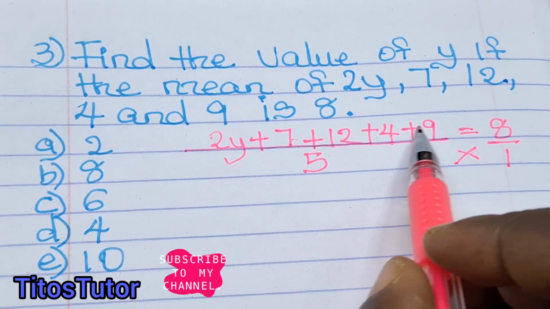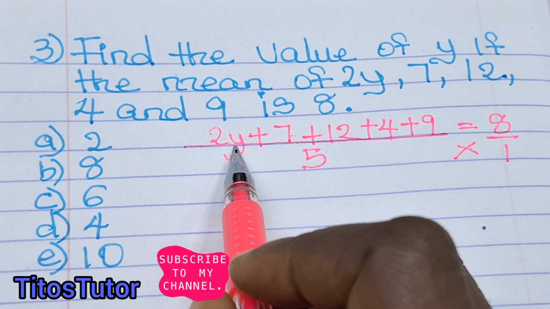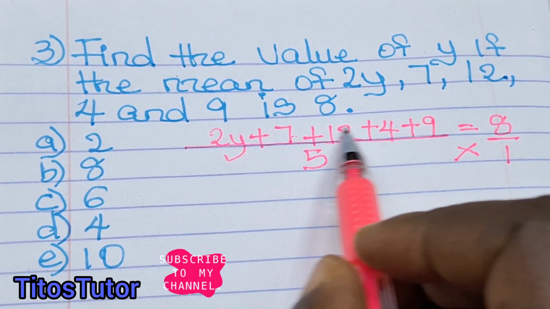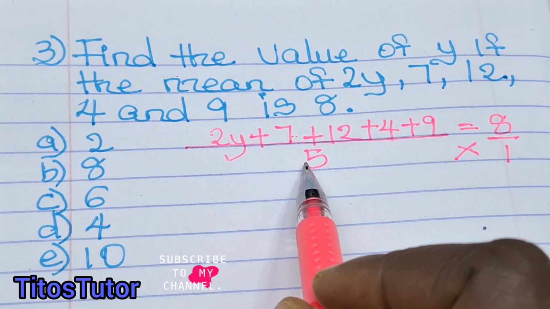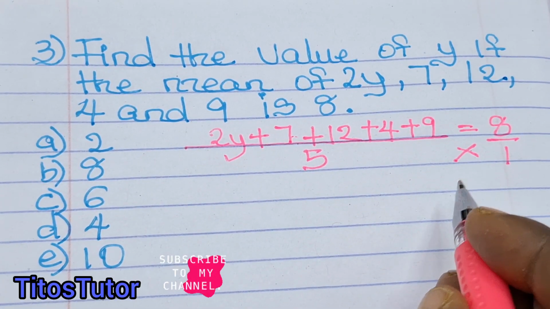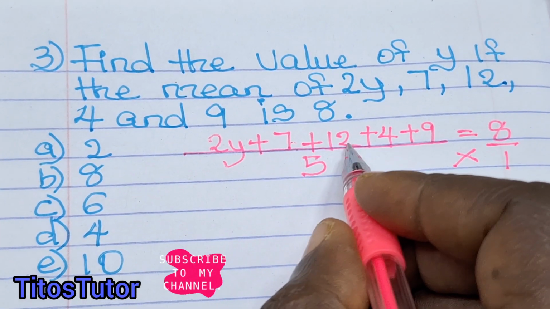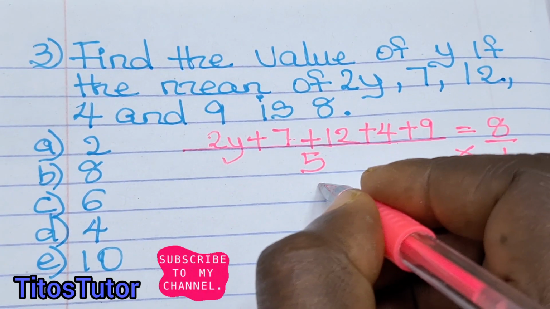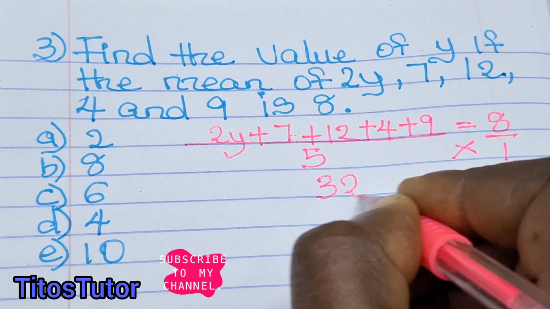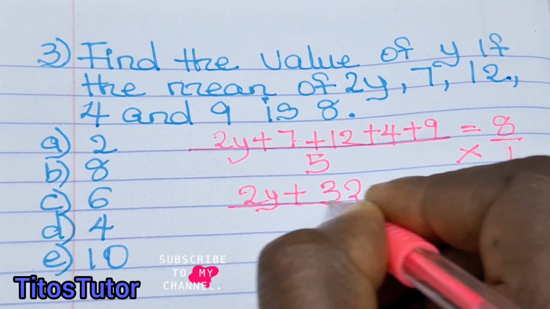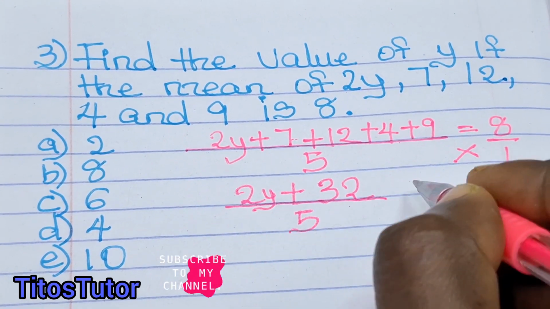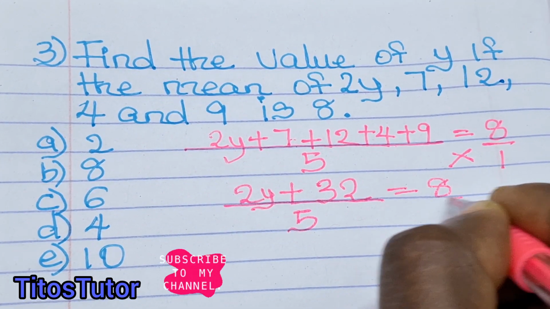But these are all constants without a variable y, so I can add all these numbers together, then plus 2y over 5 will be equal to 8 over 1. So let's do that. 7 plus 12 plus 4 plus 9 is 32. So I have 2y plus 32 all over 5 is equal to 8 over 1.